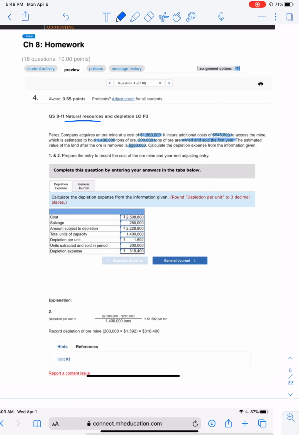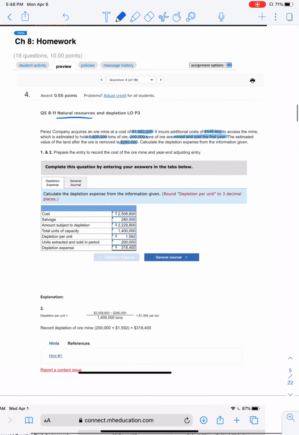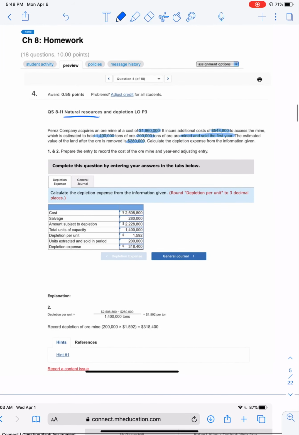So in this case, we're not going to use straight line depreciation like we did before. We're not going to use straight line depletion. Instead, what we're going to use is what is called the units of production method. And with the units of production method, the formula changes just a little.